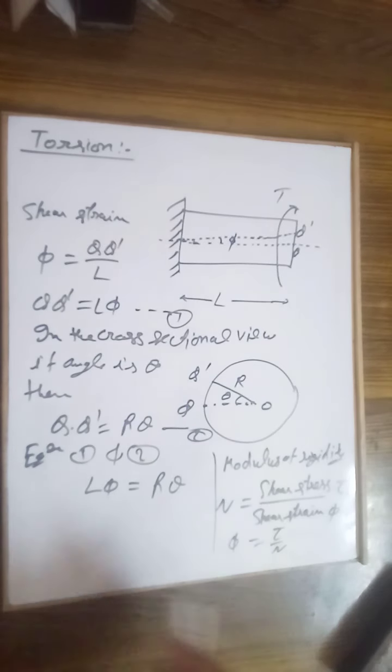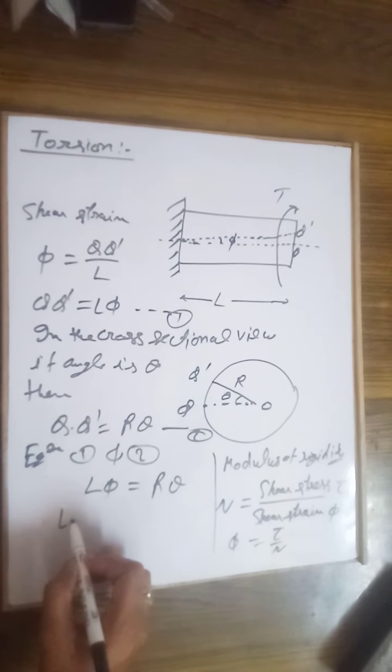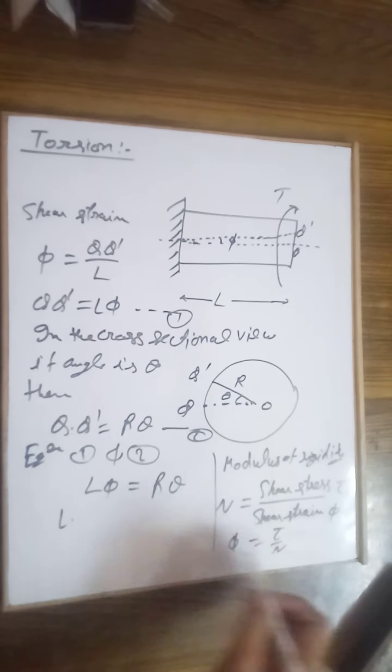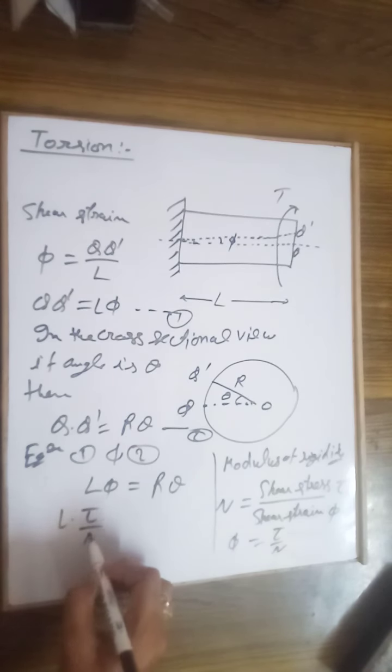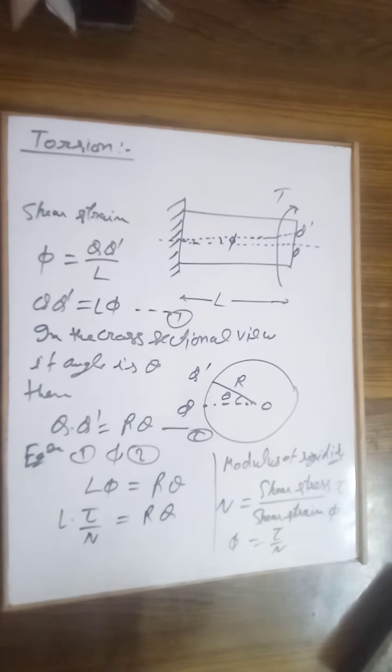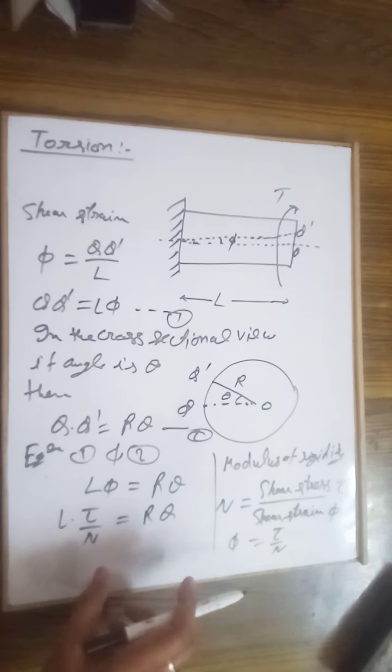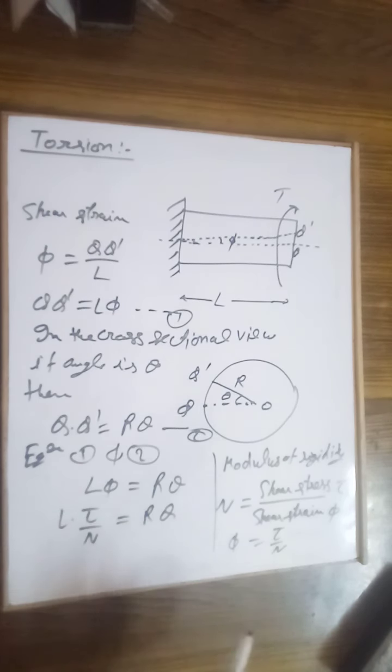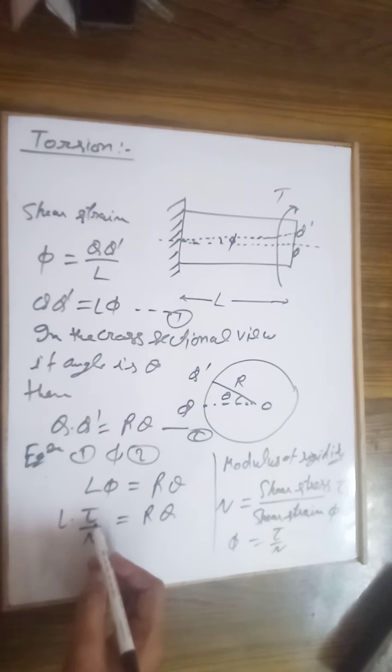So what exactly will the term be? It is L into, in place of phi we put tau by n, that equals r theta. Now by this equation, if we want to find the maximum shear stress, the value of tau we can find by this equation.